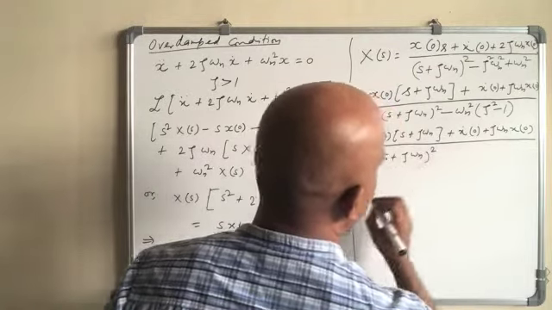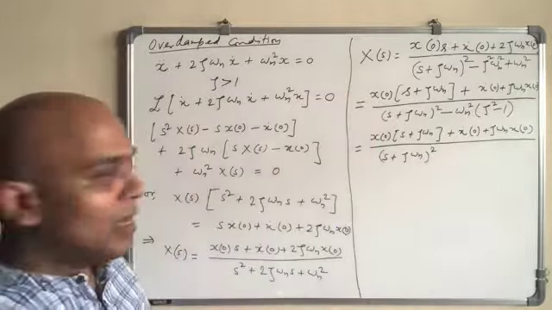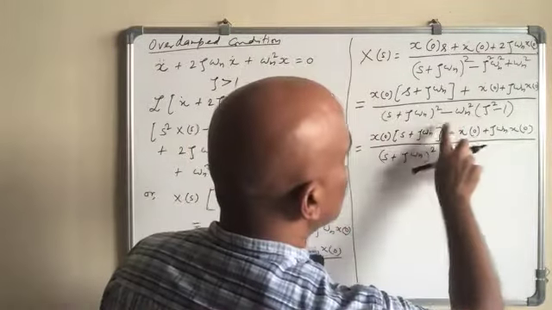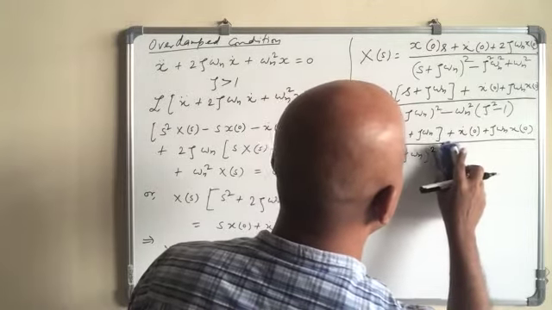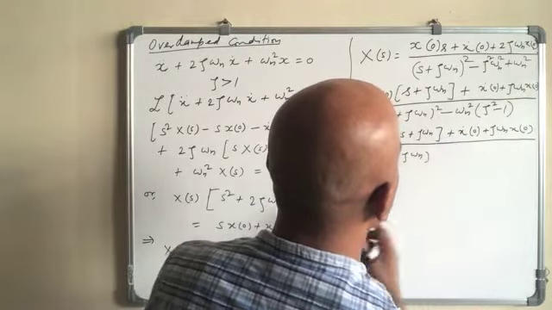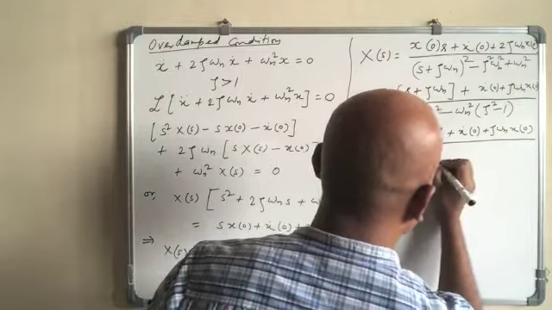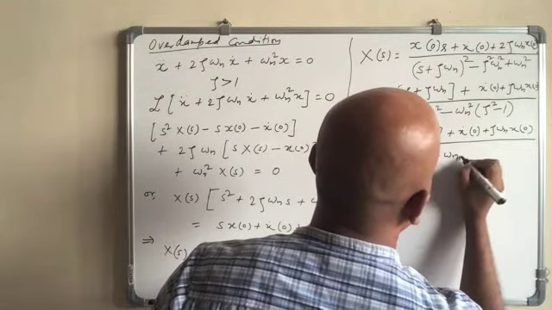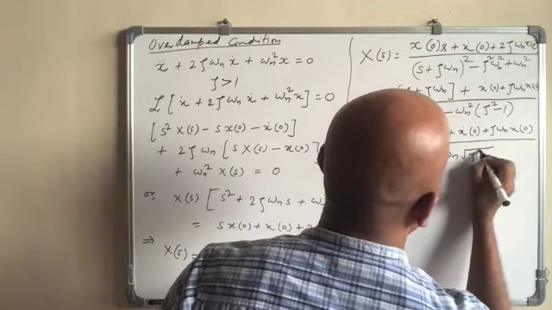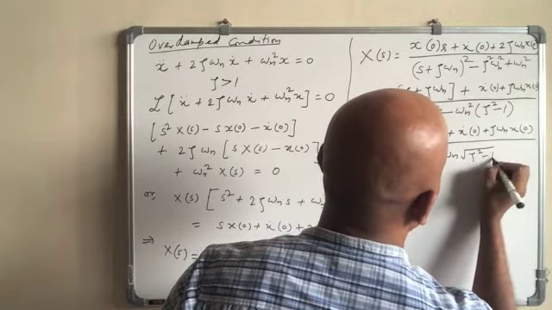Here we can write it as 2 terms basically. So there will be this, plus omega n root zeta square minus 1.